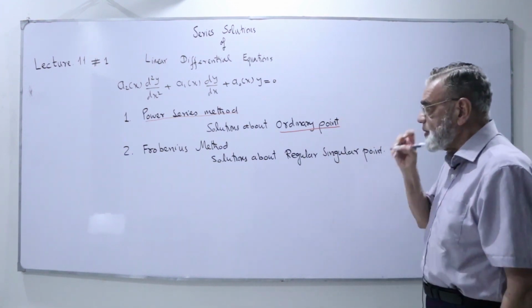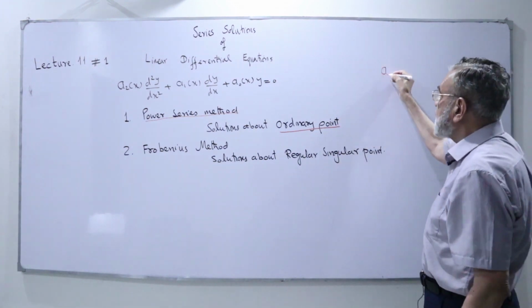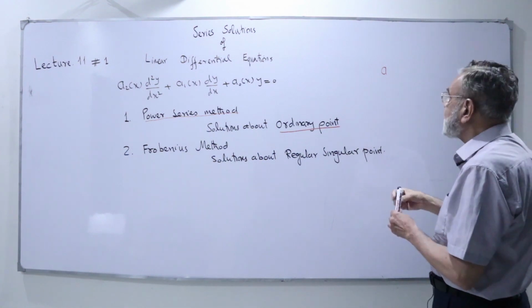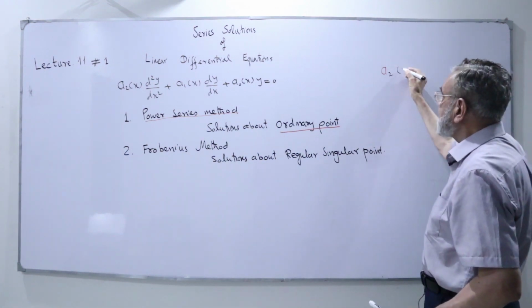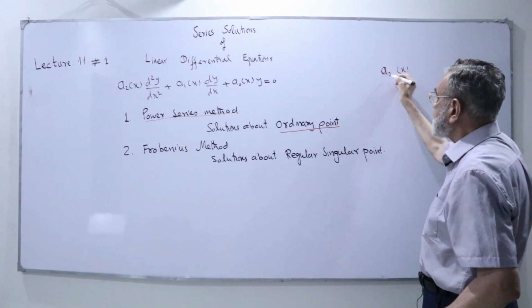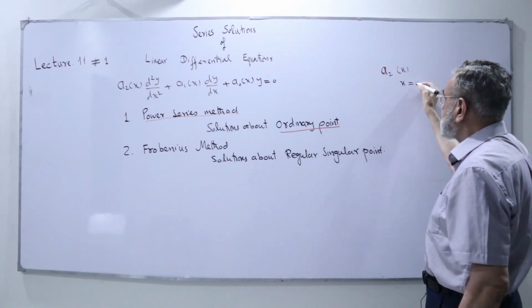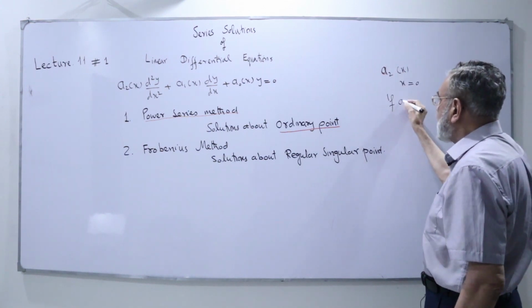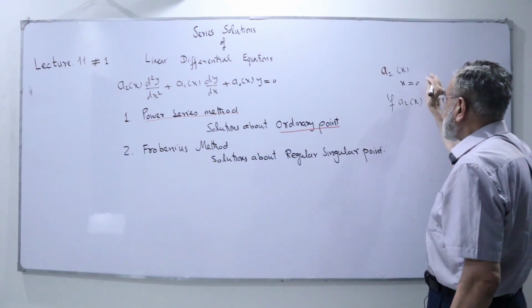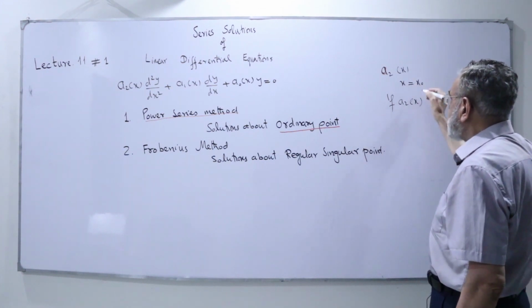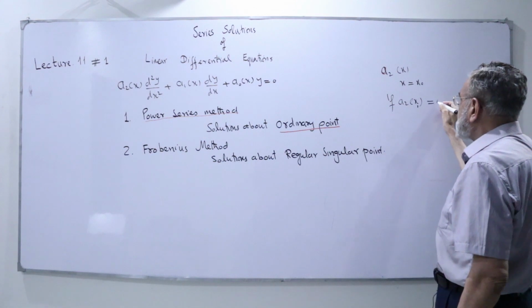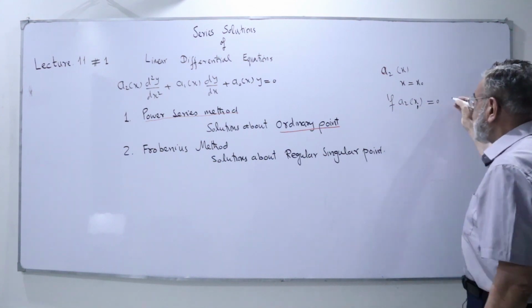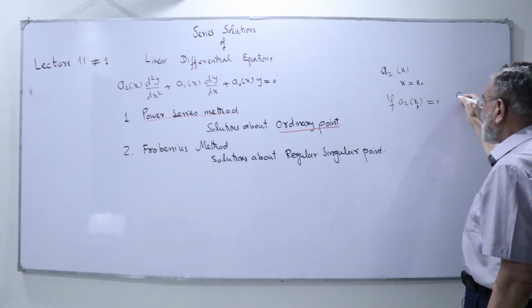There we have seen that we take a2 of x and the point x equal to x0. If a2 of x at x equal to x0 is equal to 0, then this is our singular point.